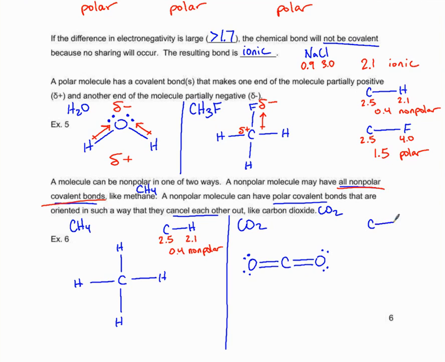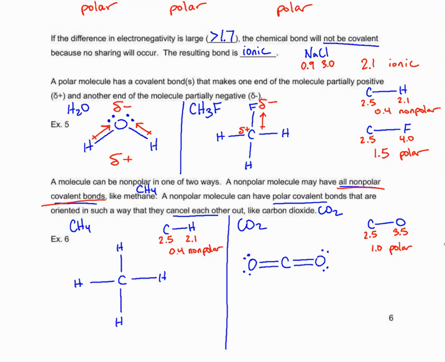So if we look at the difference in electronegativities between the carbon and the oxygen, carbon is 2.5 on the Pauling scale and oxygen is 3.5. So the difference is 1, which makes it polar.